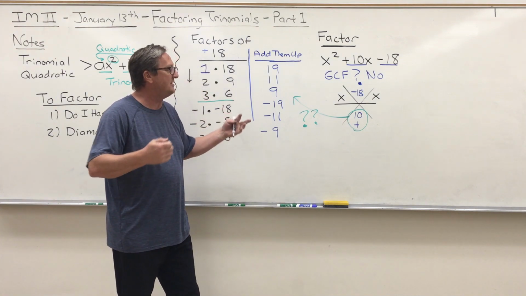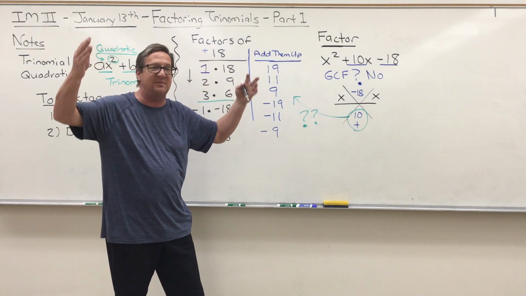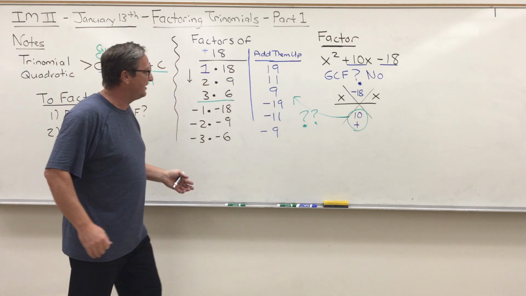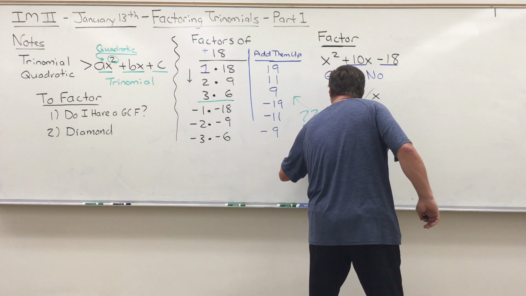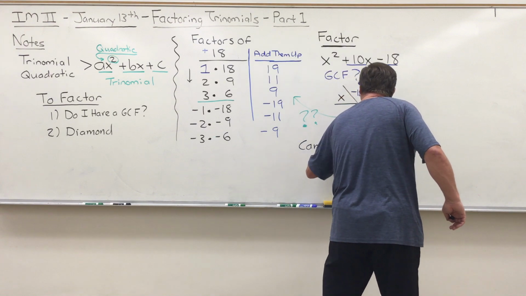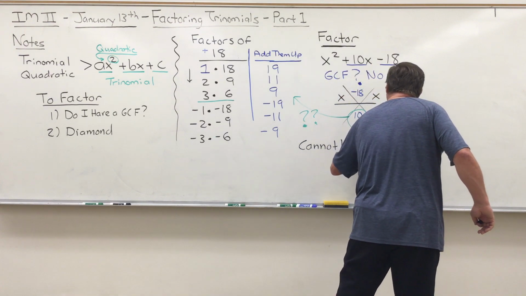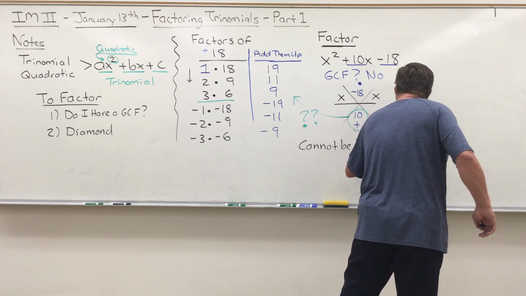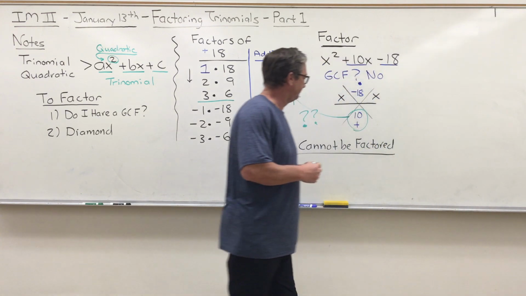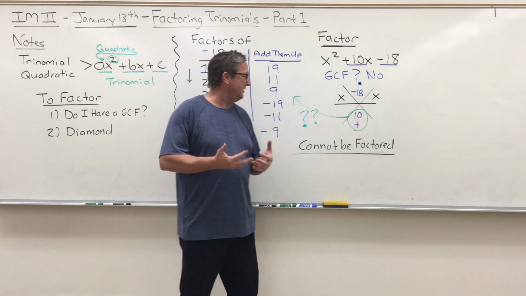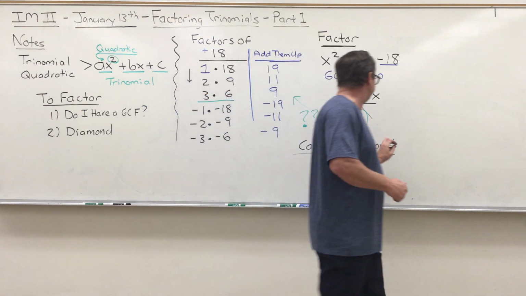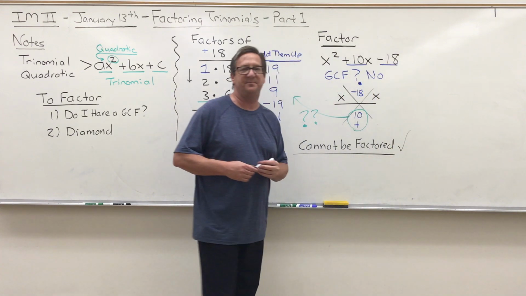But if you run into this issue, don't keep beating your head going, oh, I must have missed something. Not if you follow this. Simply write cannot be factored, and we are done.